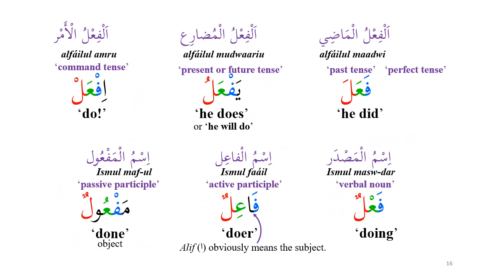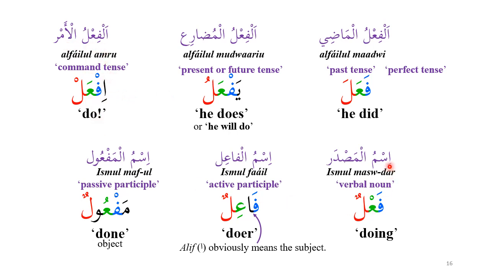Okay, all right. Now, this is very important. Usually, from the root fa'ala, which means he did, you learn these six patterns. Three for the verb: fi'lul ma'di, which is the past tense, or when the action is complete, the perfect tense; fi'lul mudari'a, which means the present or the future tense, yaf'alu; and if'al, which means do, this is fi'lul amr, or the command tense.